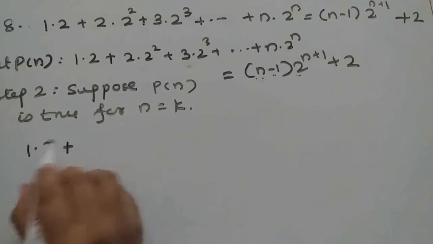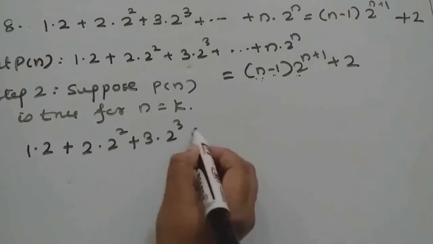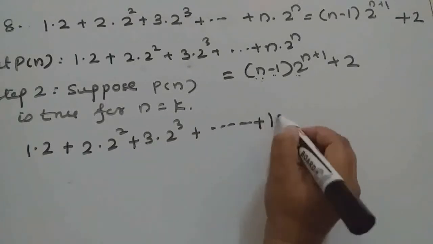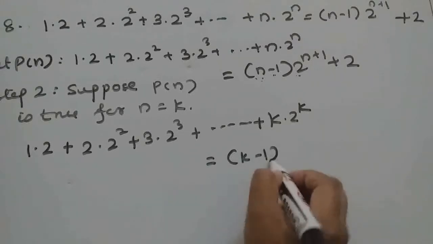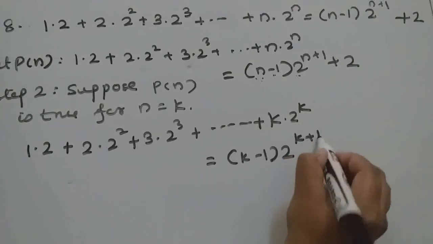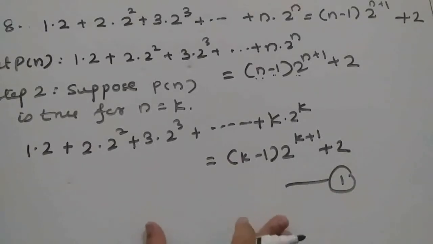So 1 into 2, 2 into 2 square, 3 into 2 cube, and so on up to k into 2 power k is equal to k minus 1, 2 power k plus 1, plus 2, which is equation 1, because we will be using this equation to prove for n equal to k plus 1.